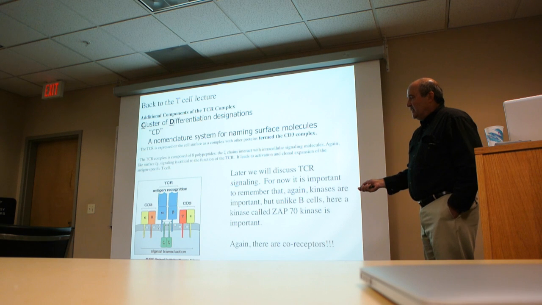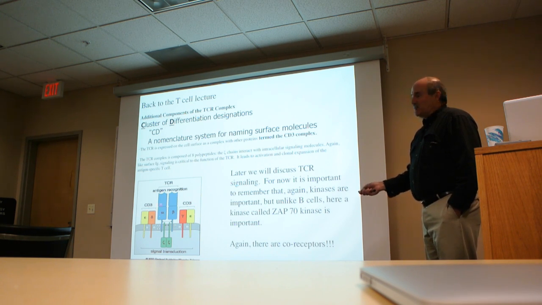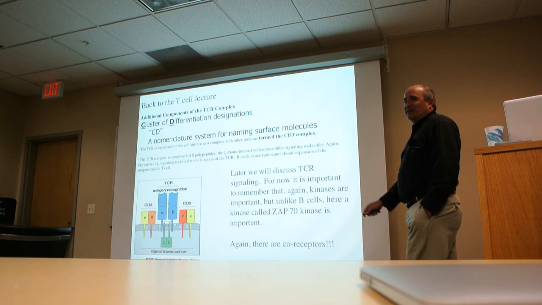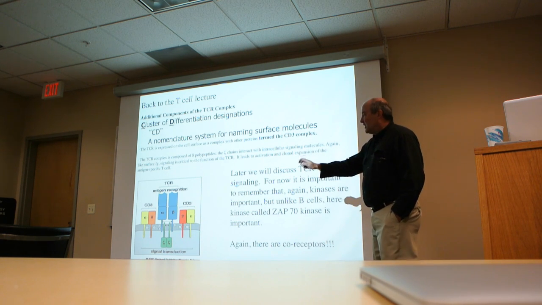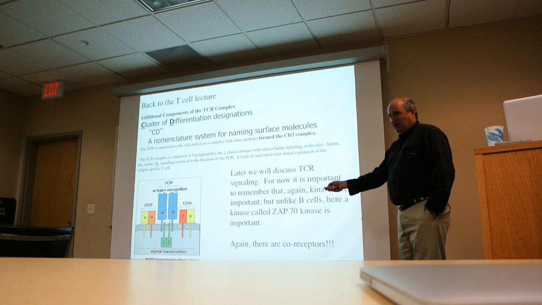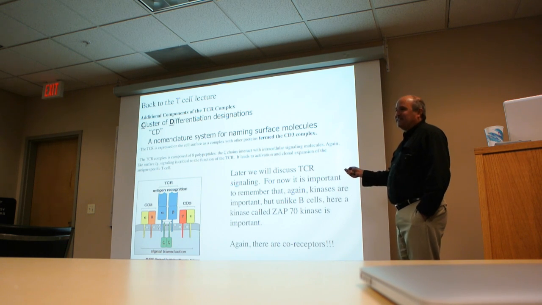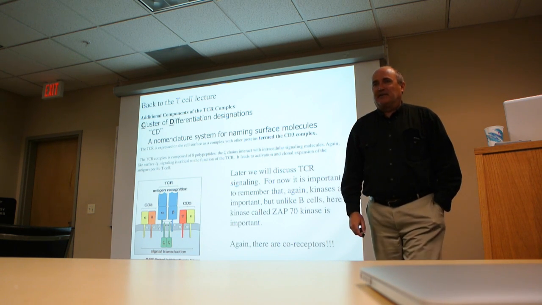These other proteins are involved in signals that can be delivered to the cell when the TCR binds to something. And this is where the nomenclature just adds a level of complexity. We have TCR associating with these other proteins, and this complex is called the CD3 complex.